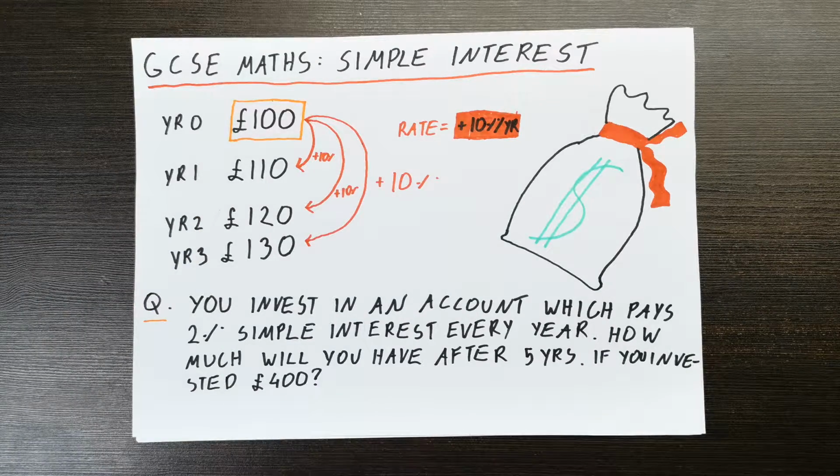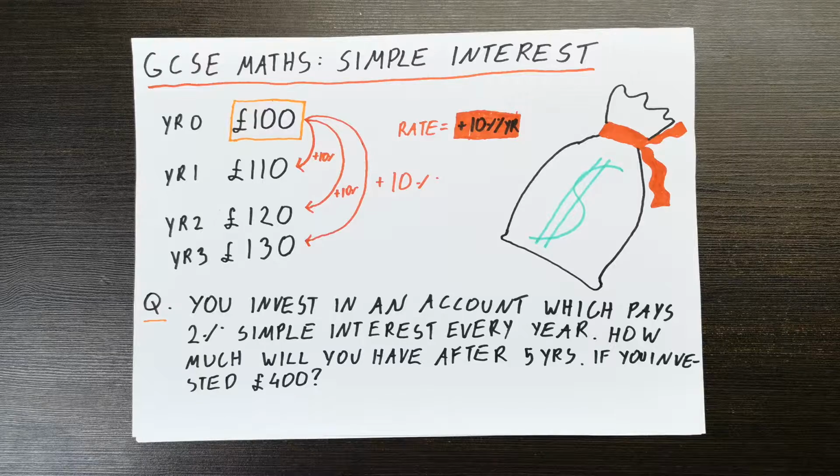So that's how simple interest works in a nutshell, and it's important to consider that the percentage is always calculated from the original amount. That's the very crucial thing when it comes to simple interest, because compound interest works differently and will not always work from the original amount. That's the main difference. So simple interest, original amount. Always think that.